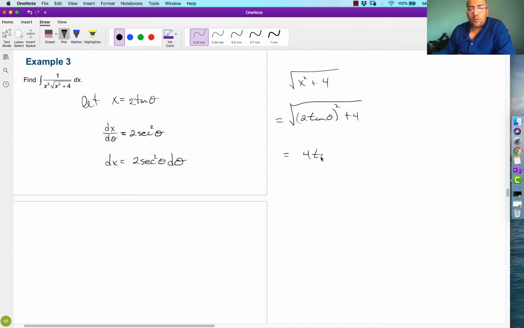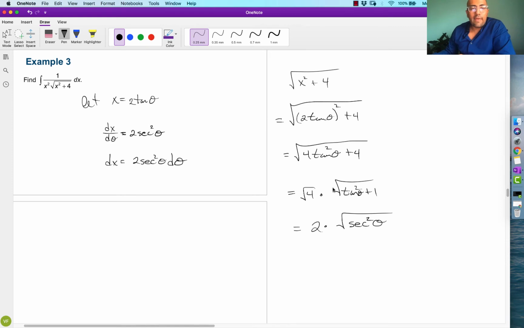This gives us 4 tangent squared theta plus 4, all square rooted, which gets us to the square root of 4 times the square root of tangent squared plus 1, which is equal to secant squared. So this is going to be 2 times the square root of secant squared theta.